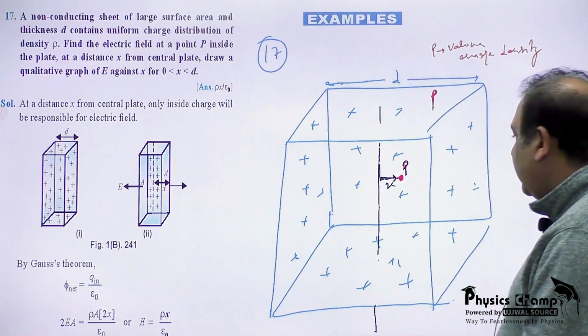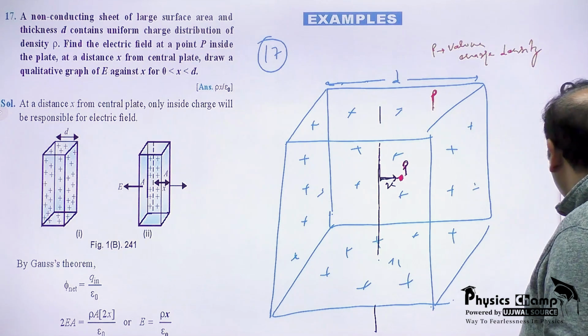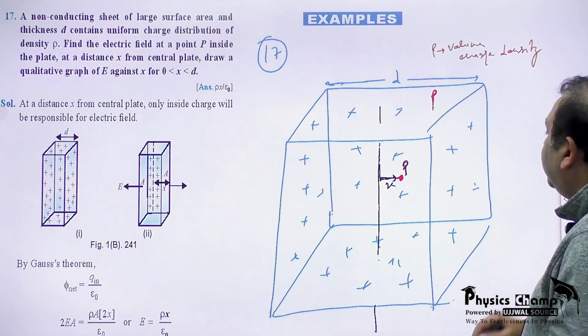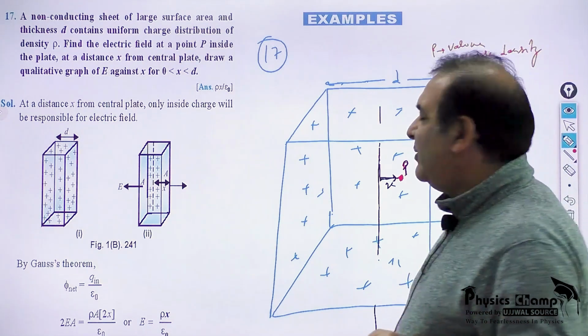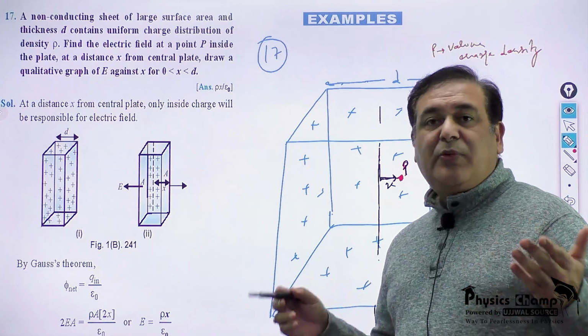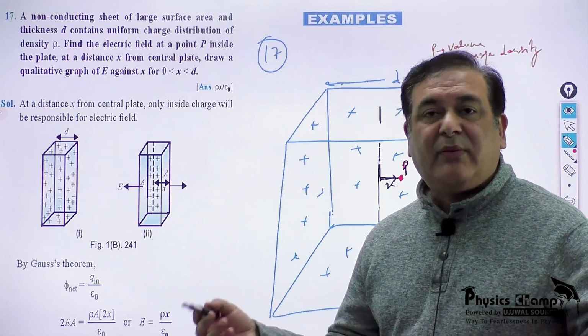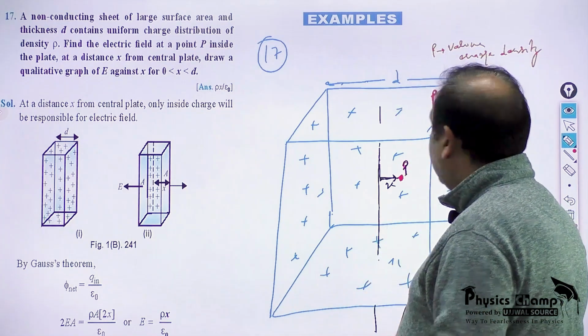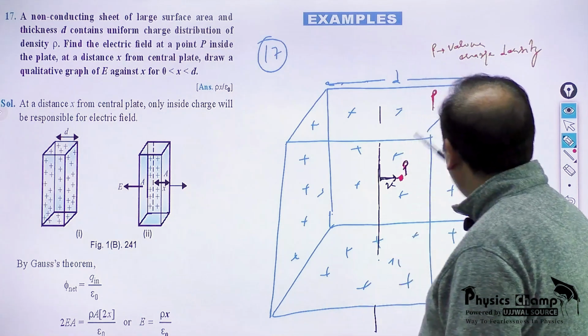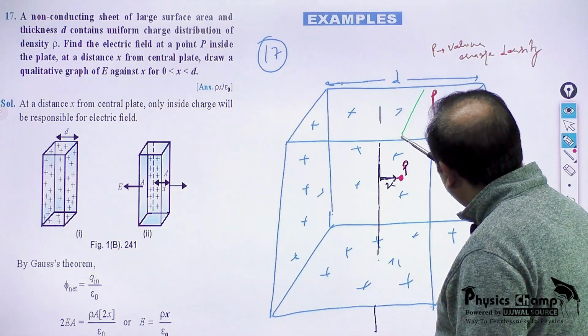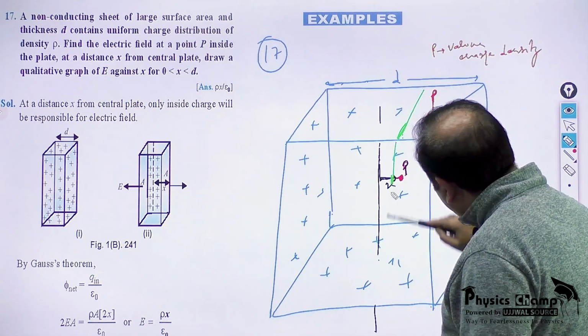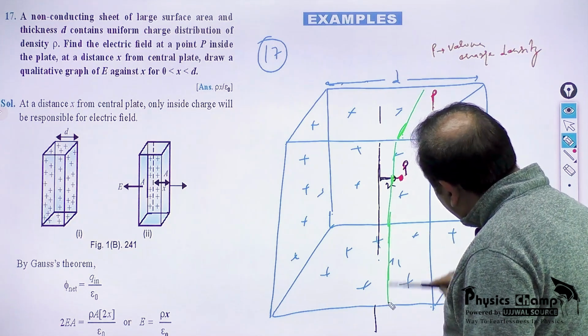Similarly, we will do it here, and first let's assume a Gaussian surface whose shape should preferably be the same as that of the source charge, and point P lies on it.